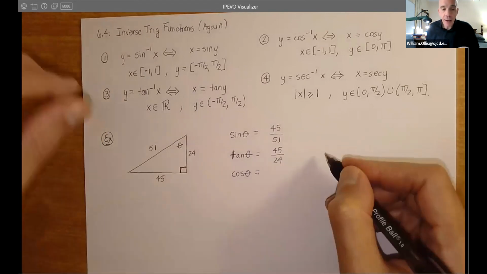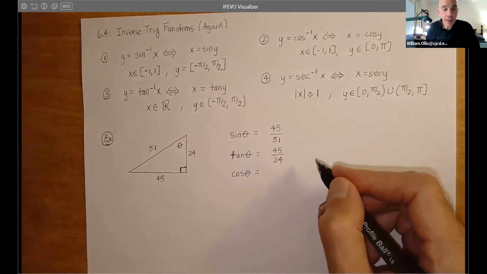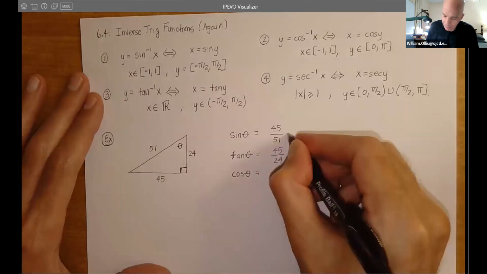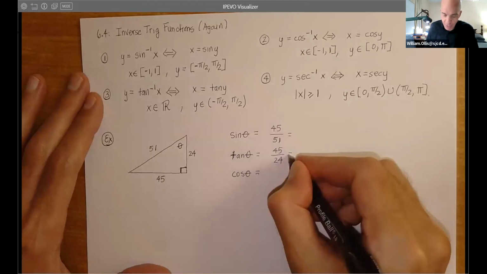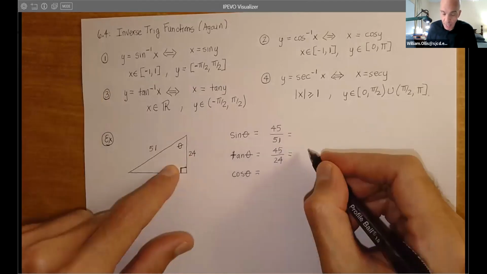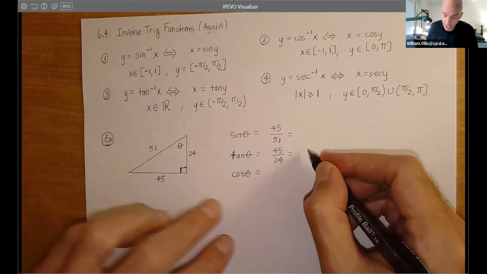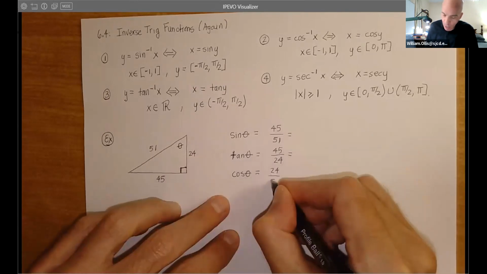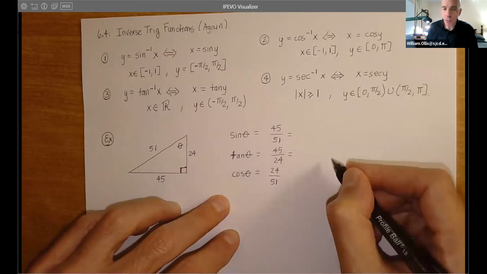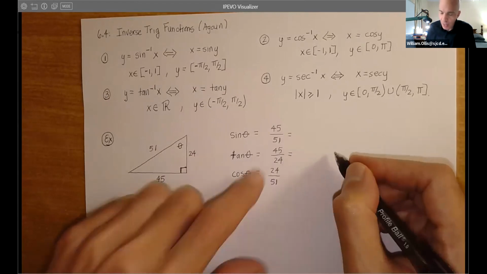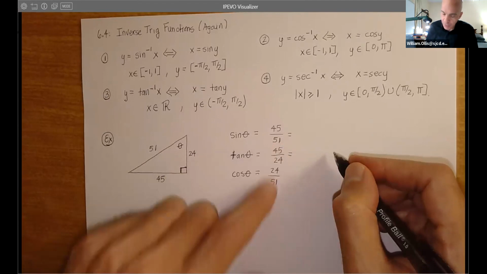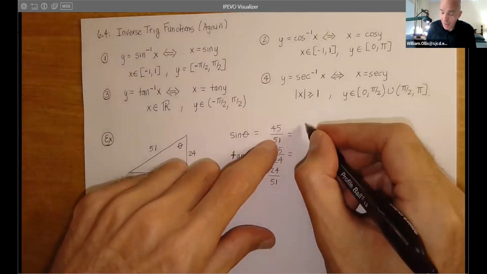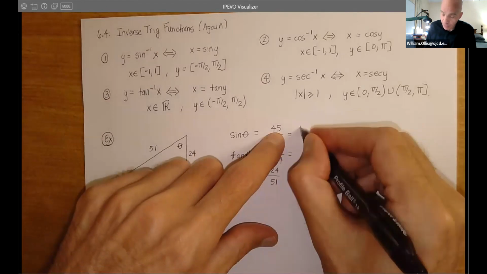And then the other situation, and of course you're thinking, well, wait a minute, I'll go ahead and reduce these later, but let's just go ahead and now get the cosine, which will be adjacent over hypotenuse, which is 24 over 51. Now, of course, WebAssign doesn't care if you don't reduce, but we can reduce here. We've got a 3 in both of these. So this one will give, when we divide in this particular case, that'll give us a 15.